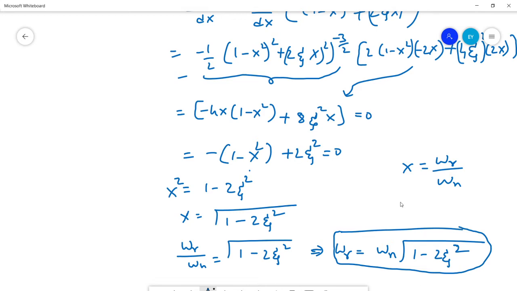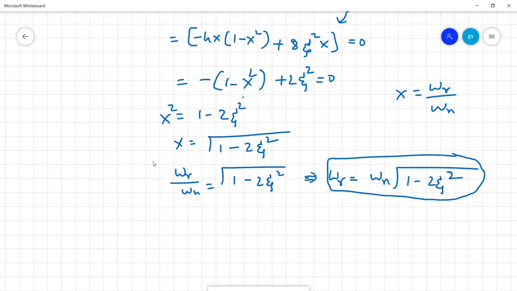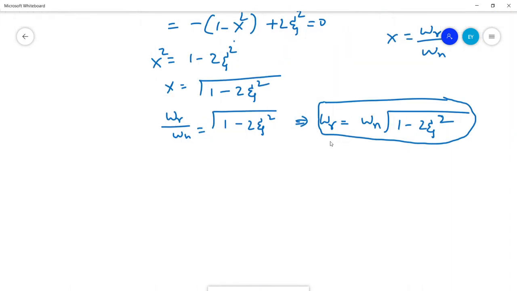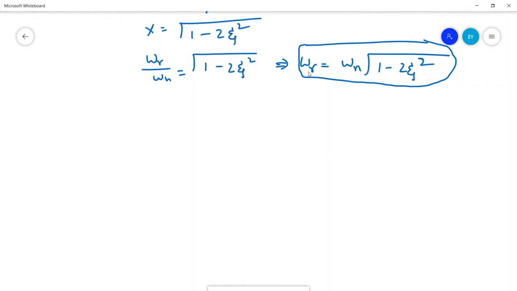So this is how we get the resonant frequency. Now we need to find the value at the resonant frequency, that is the resonant peak. So now what we found is the resonant frequency. At the resonant frequency what you are getting is the resonant peak. So what is the resonant peak? Mp.